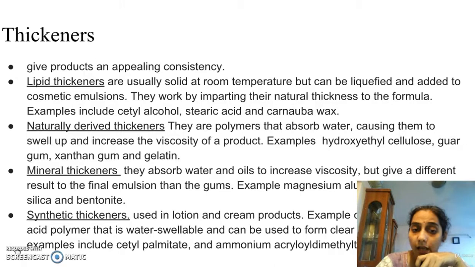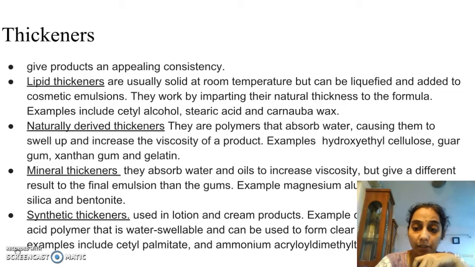Mineral thickeners absorb water and oils both to increase the viscosity, but give a different result to the final emulsion than gums. Okay, examples are magnesium aluminum silicate, silica, bentonite. Okay, synthetic thickeners are used in lotion and cream products. Example, the carbomer.